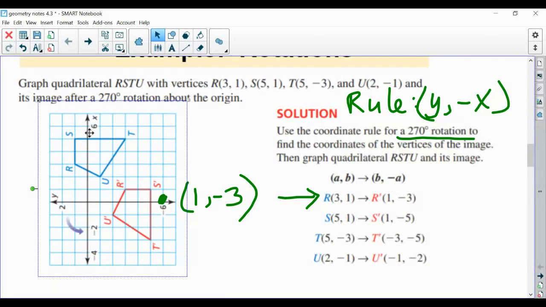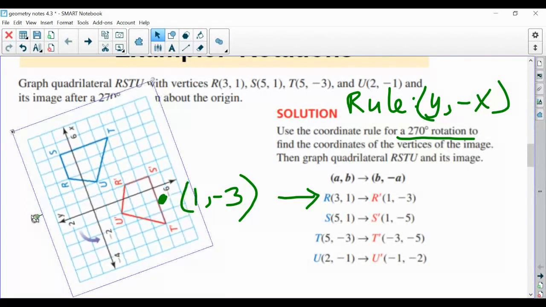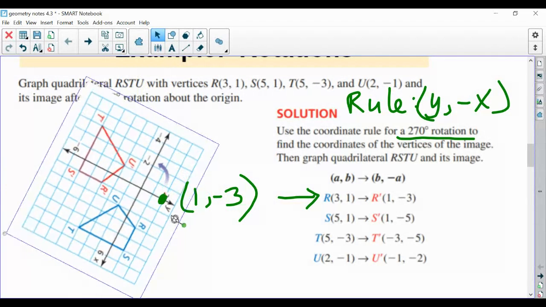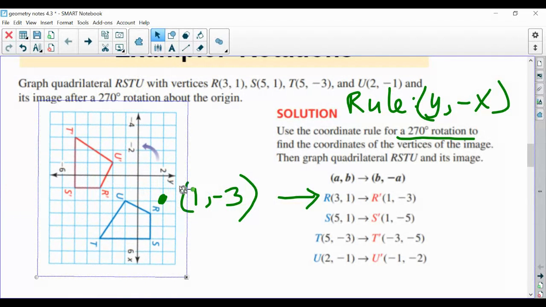That's 90 degrees, okay? Then I turn it again, the x-axis went from here to here. That's another 90 degrees, which is 180 degrees. And then one more turn like this. Another 90 degrees plus 180 is 270. So a 270-degree rotation is basically 3 turns to the left.